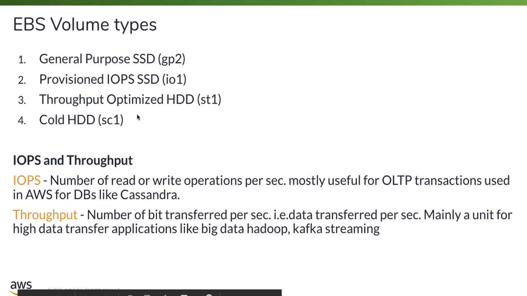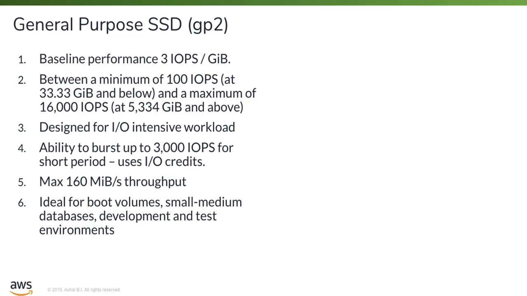As I said, there are four volume types. If you are not sure what volume to choose, you could always go with general purpose SSD. Keep in mind that general purpose SSD has certain limitations as well. It gives you a baseline performance of 3 IOPS per GB, but it starts with 100 IOPS.